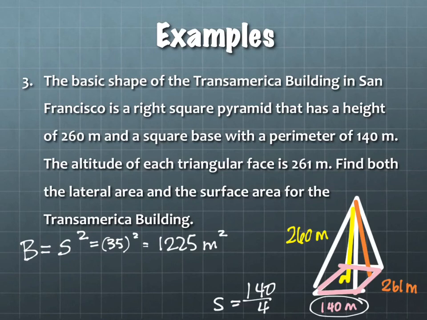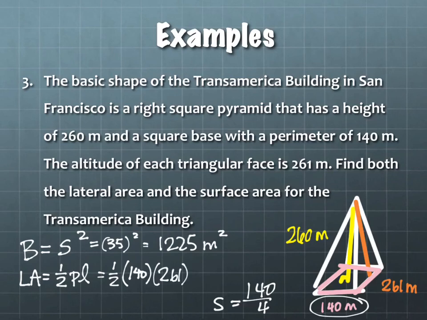Let's do the lateral area next. The lateral area here is not too bad because they give us all the pieces. So I should have 1/2 times the perimeter times the slant height. So I have my 1/2, my perimeter is the 140 they gave me, and my slant height's 261. So what will I have if I multiply those out?